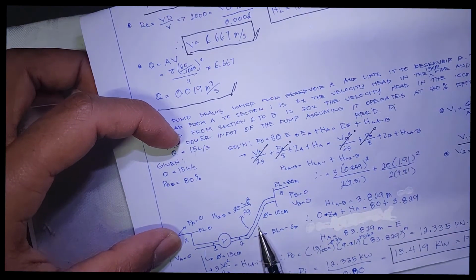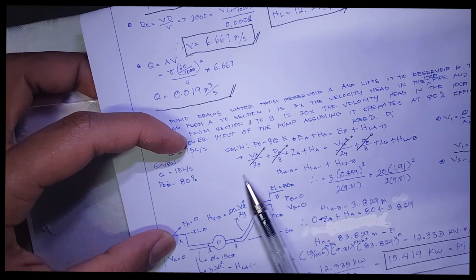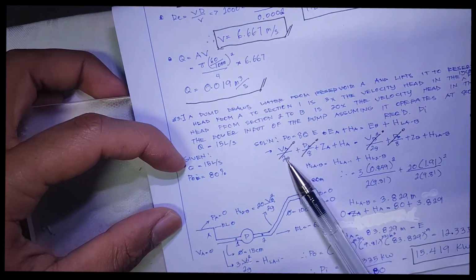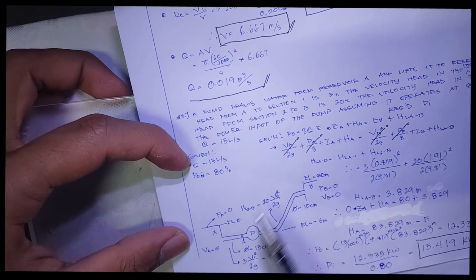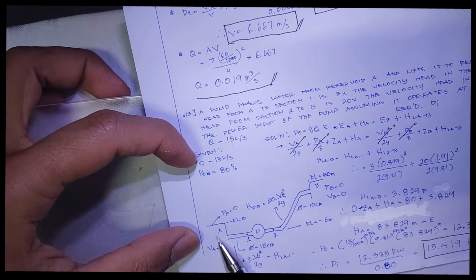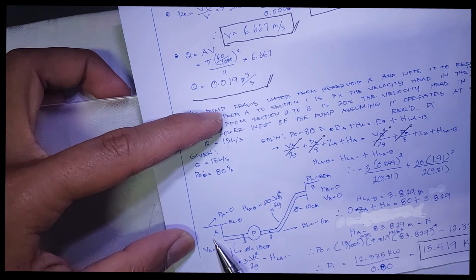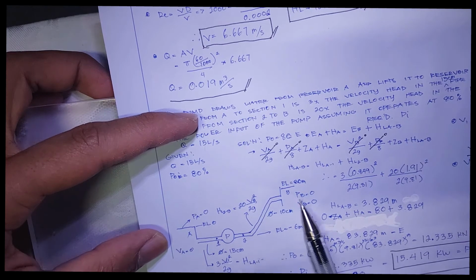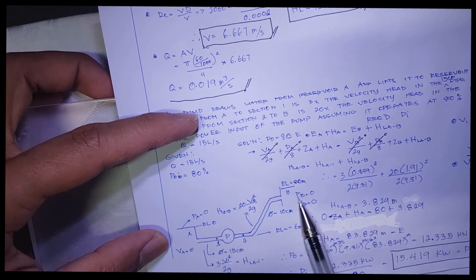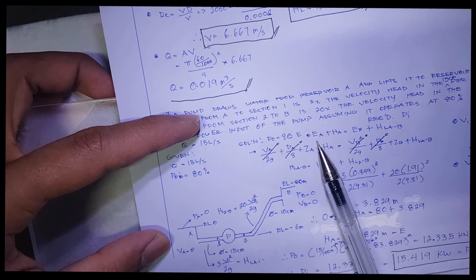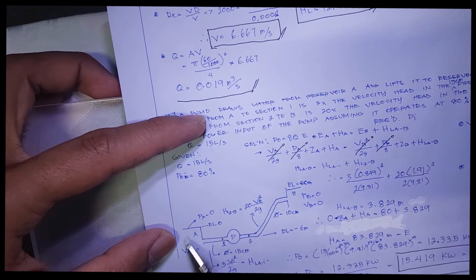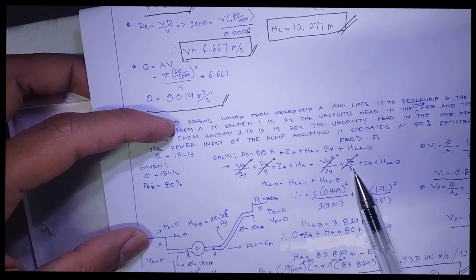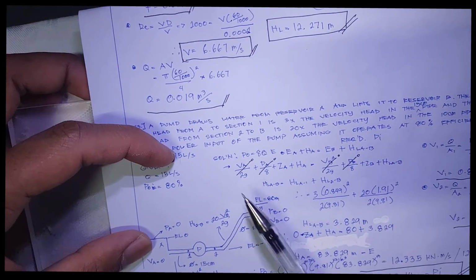The velocity head at point A is 0 because at A there's no movement of water, no flow. The same at B, we have no flow of water because it is stagnant. And then the pressure head at A is 0 because it is an open surface, so the pressure is 0. The same goes for the pressure at B, so that cancels, 0.